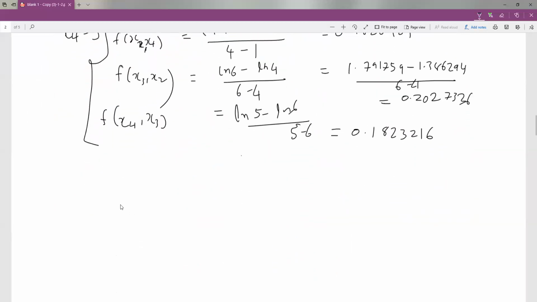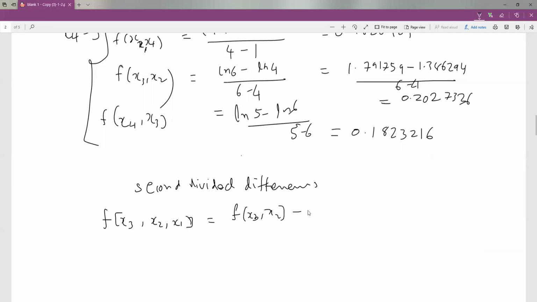So second divided differences: f of x3, x2, x1 can be f of x3, x2 minus f of x2, x1, divided by x3 minus x1.